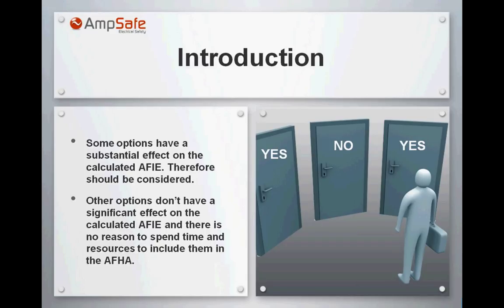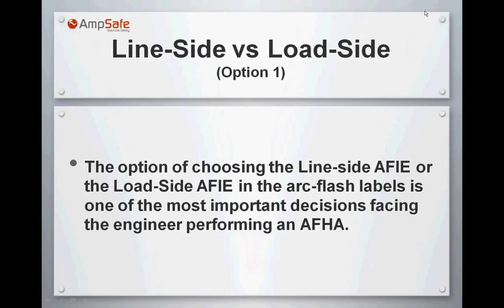Okay, let's start with the first one, the line side versus load side option. This option is one of those that are very, very important to consider. You definitely have to open this door and spend some time and effort considering whether you're going to give results on the line side of the main overcurrent protection device or on the load side.